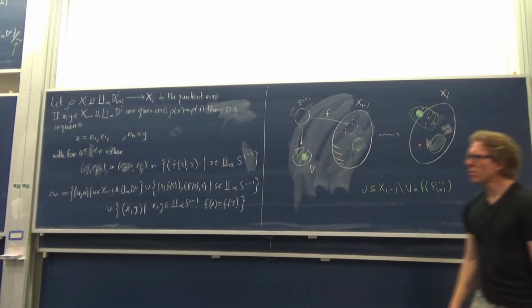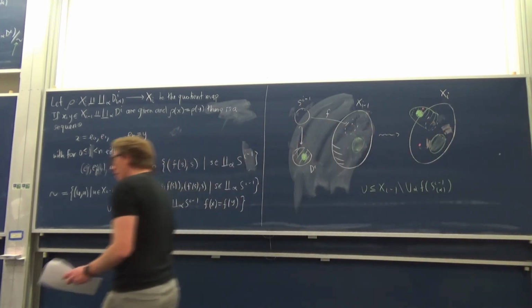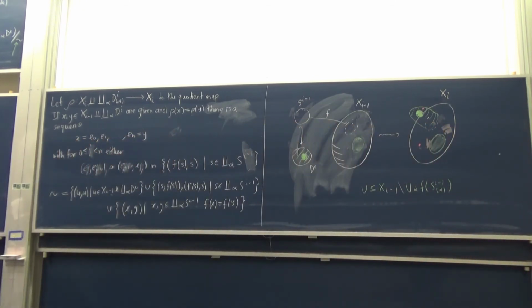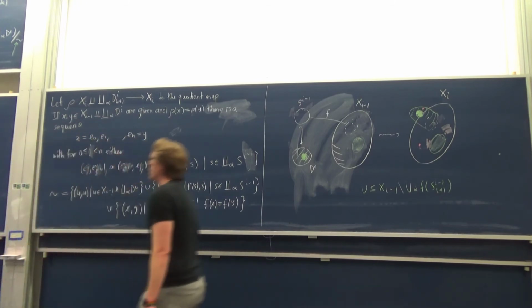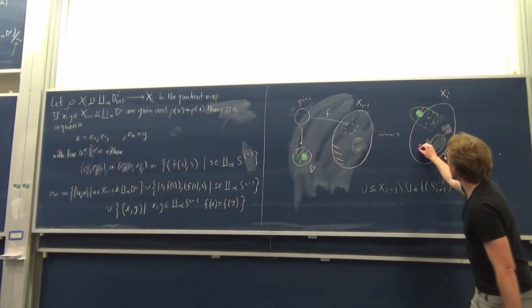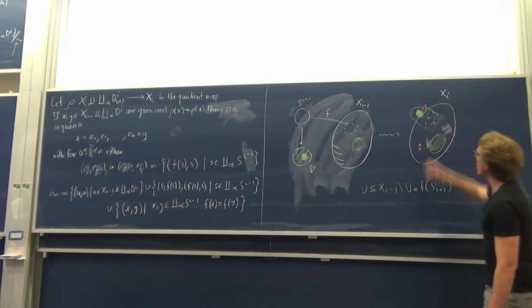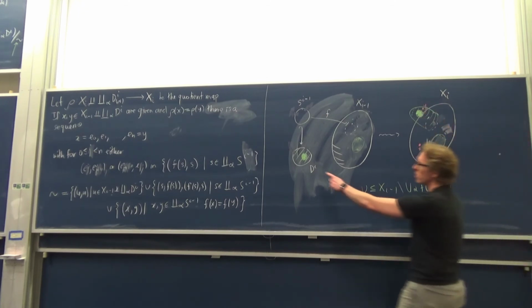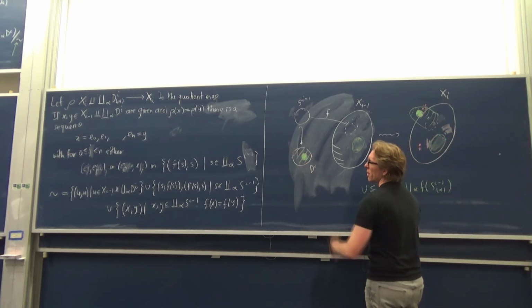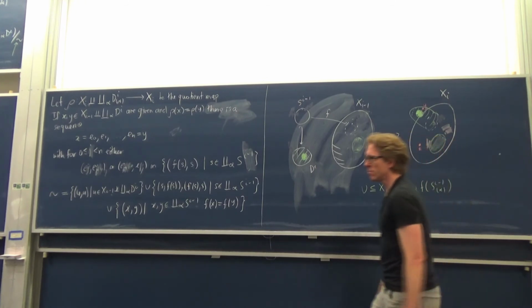So we're considering both points of that form, not necessarily coming from the same bit, right? So I could have this being my x and that being my y, or x and y could be coming from two different disks.